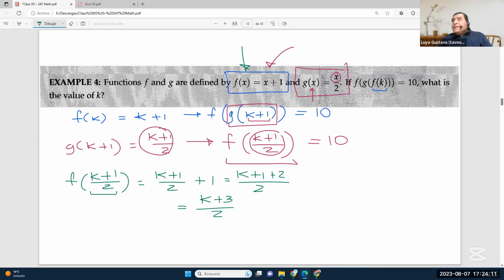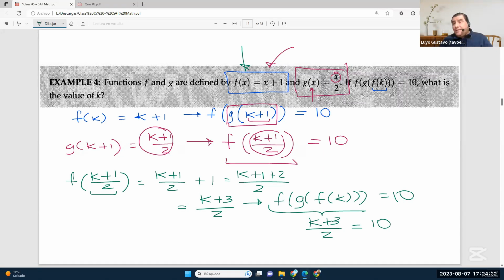So the original expression where you have f of g of f of k equals 10 simply means that this whole expression in terms of k is k plus 3 over 2. And this equals 10. So from this, you can calculate k. K plus 3 equals 20, and k equals 17. The answer to the question.